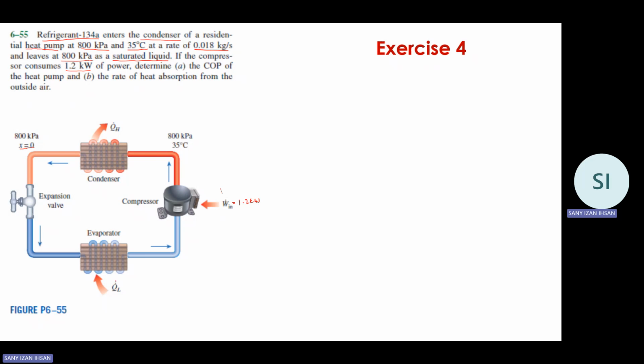We know that a heat pump extracts heat from a cold space and releases heat from the system to the intended space, Q_H, the already hot area. Okay, let's try to solve this problem.